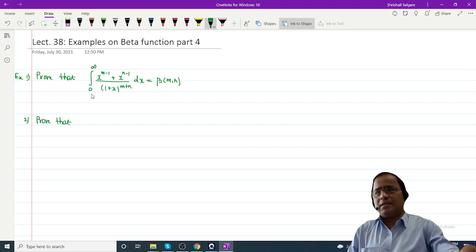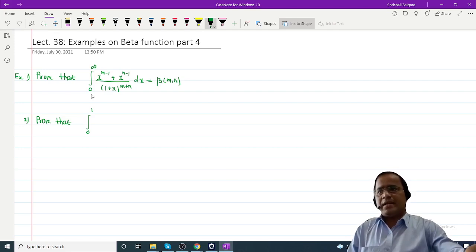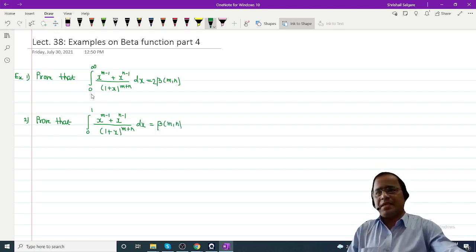Prove that the integral from 0 to 1, so instead of infinity I am taking 1 and the rest is the same, of x raised to m minus 1 plus x raised to n minus 1, that whole divided by 1 plus x raised to m plus n, dx. In the earlier case it was 2 times, and in this case it is beta of m, n.